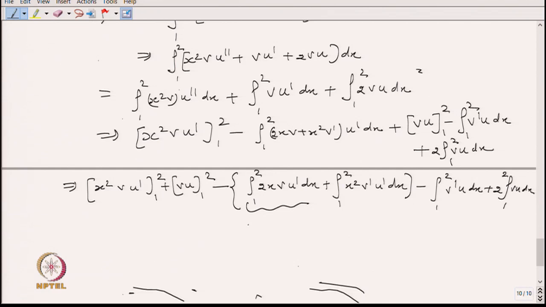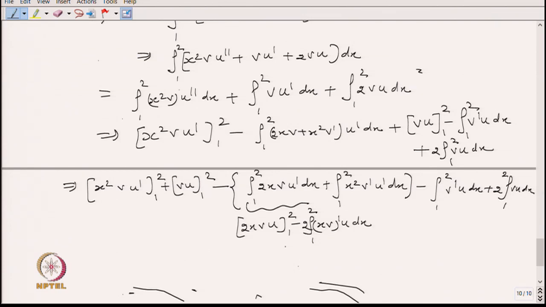So, if we solve this one, it will be 2xv u from 1 to 2 minus, so this 2 I am just taking outside. So, it will be xv dash u dx.